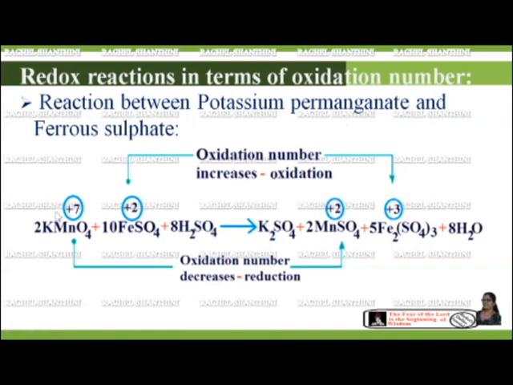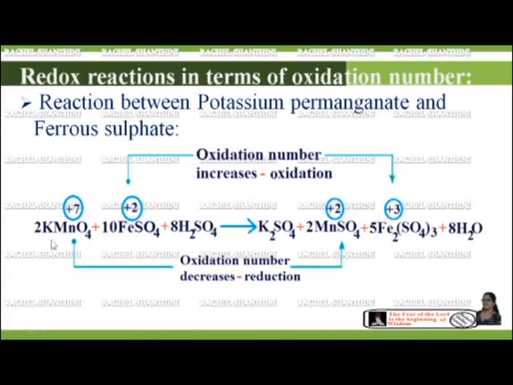In this reaction, manganese in potassium permanganate favors the oxidation of ferrous sulfate to ferric sulfate by gaining electrons, thereby getting reduced. If you notice the manganese, the oxidation number plus 7 gets reduced to plus 2. If you notice the oxidation number of iron in ferrous sulfate, it increases from plus 2 to plus 3.